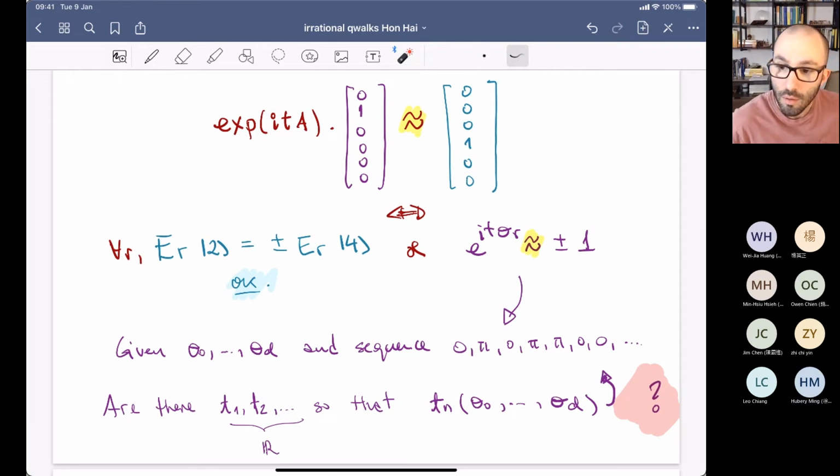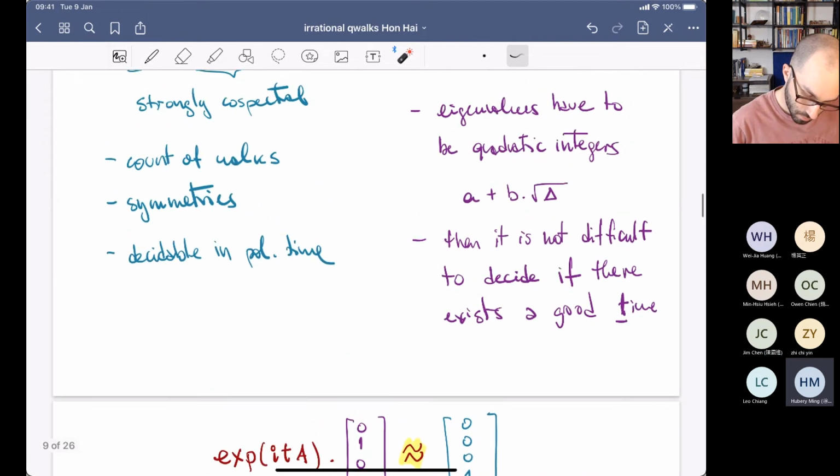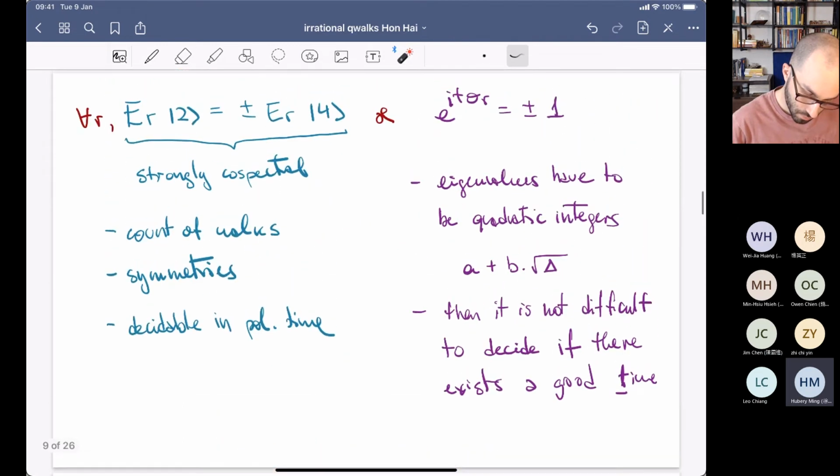Yes? Can I ask a question? Of course, please. Yeah, so in the derivation of the vector to be plus or minus 1, you rely on the projector being all real numbers? Yes. So is that always the case? Yes, that's a very good question.